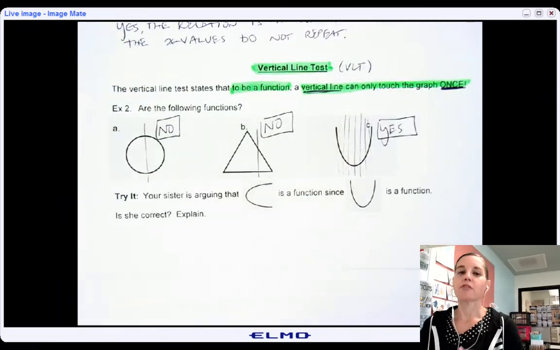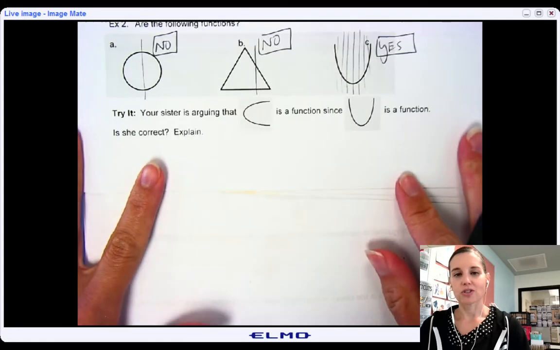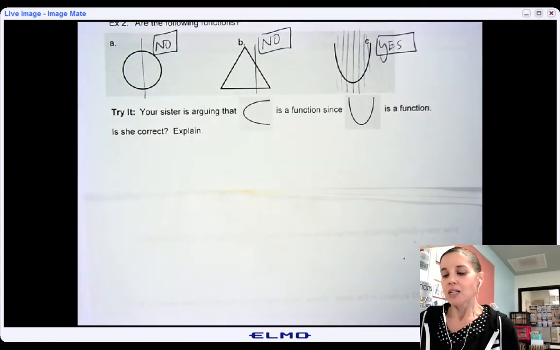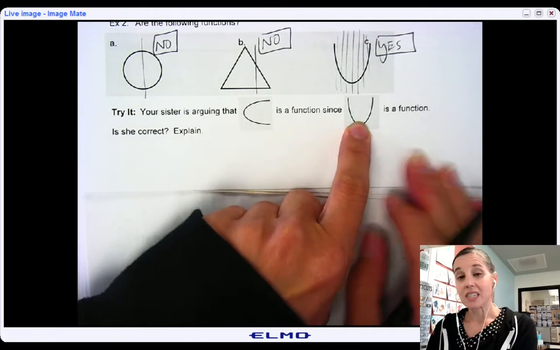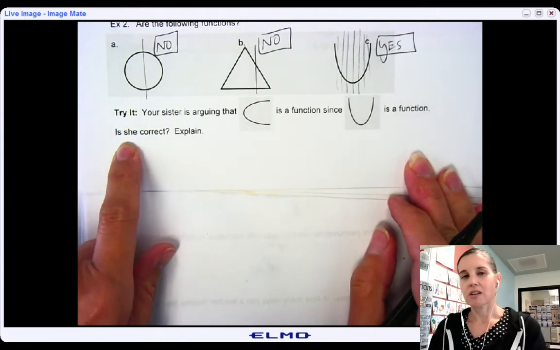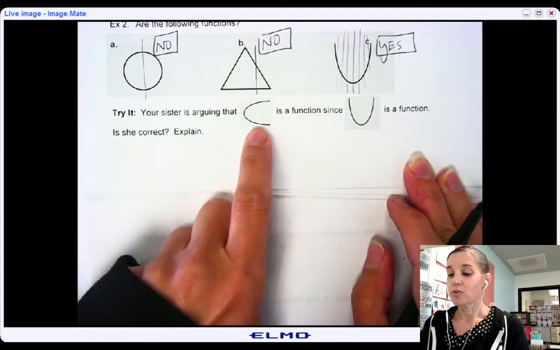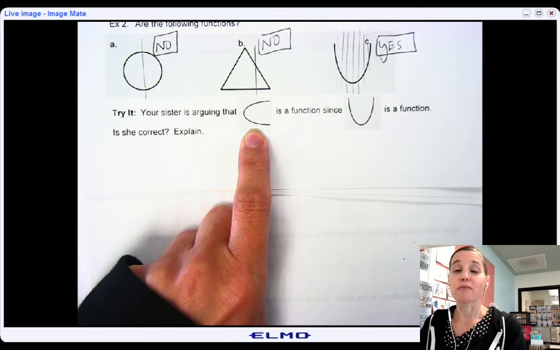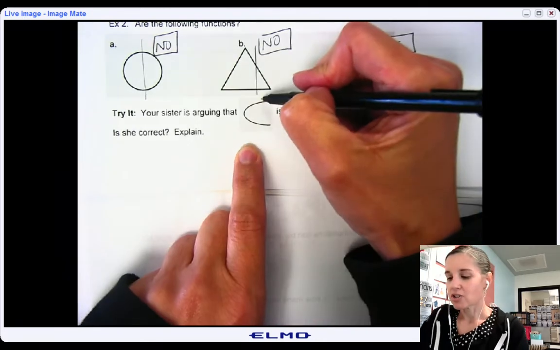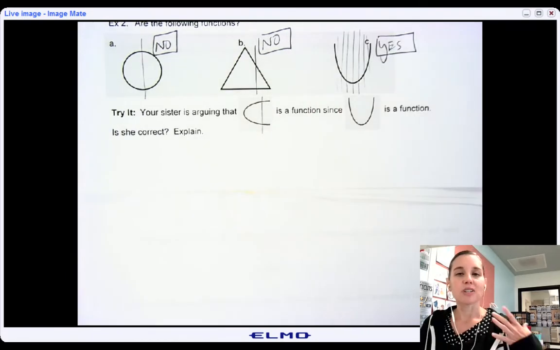If you want to read through this next one, pause the video and try it. Great. So in the triad, it says your sister's arguing that this graph is a function. Is she correct? Explain. Would you say that this is a function? Since it's a graph, we would do a visual inspection with the vertical line test. I draw my vertical line, it hits more than once, so it is not a function.